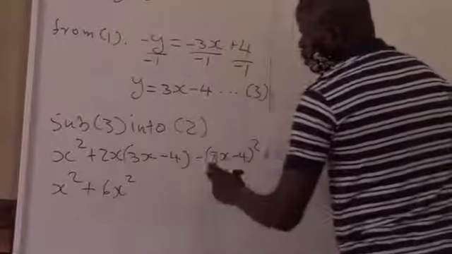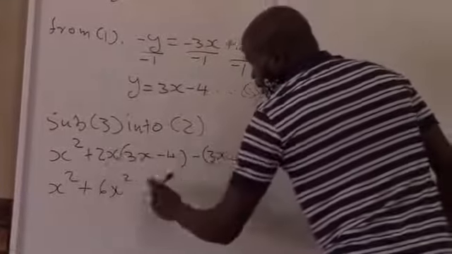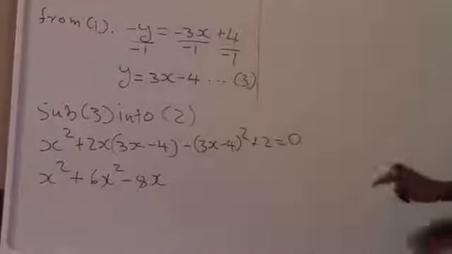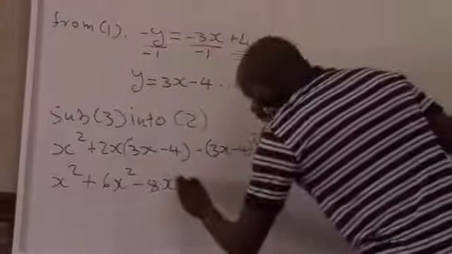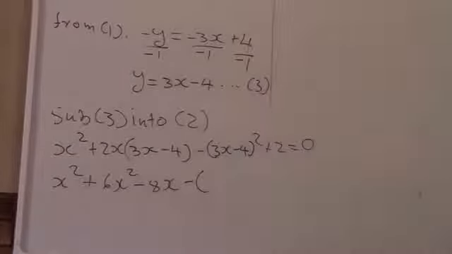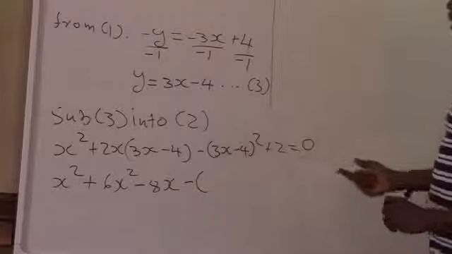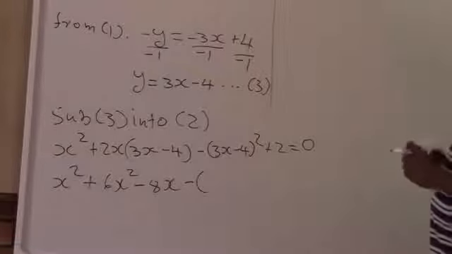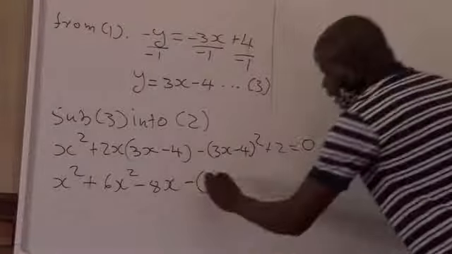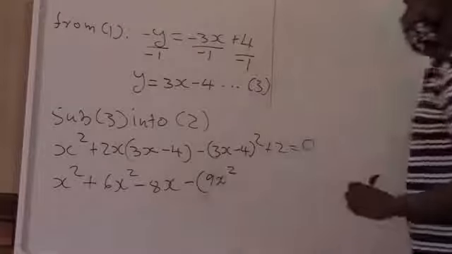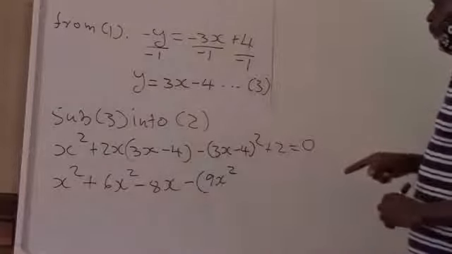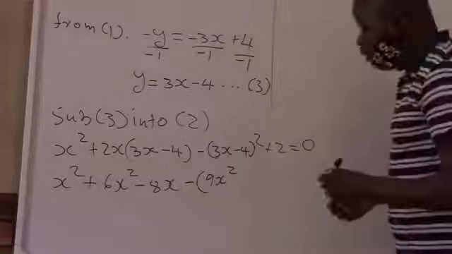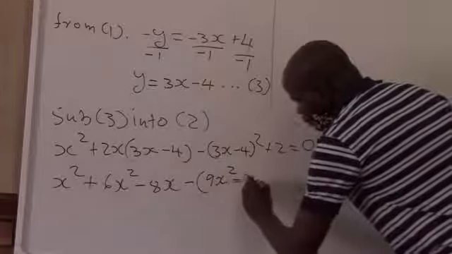Using the distributive law, 2x times negative 4 gives us negative 8x. Then for the squared bracket, we keep the negative and write 3x minus 4 times 3x minus 4. 3x times 3x is 9x squared. 3x times negative 4 gives negative 12x, and twice gives negative 24x.